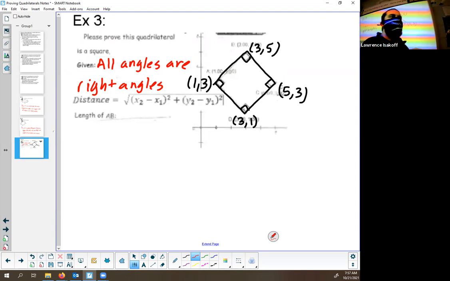What else do I need to know about a square? What's special about those 4 sides? Well, that would be the angles, and we do have that. But in a square, what do we know about the 4 sides? It does make a quadrilateral. What's special about the length of the 4 sides in a square?